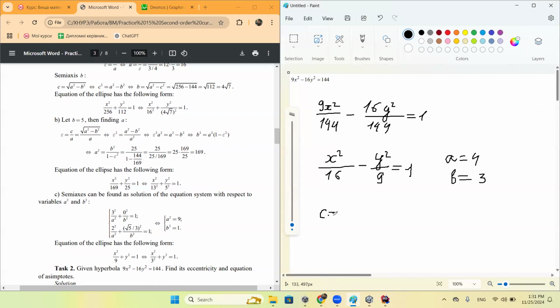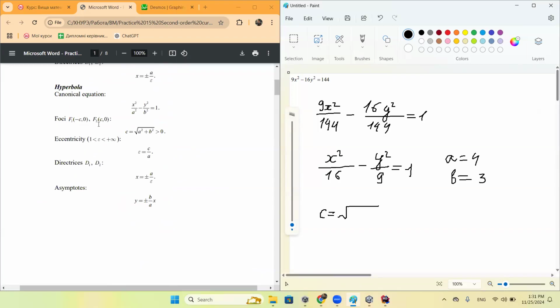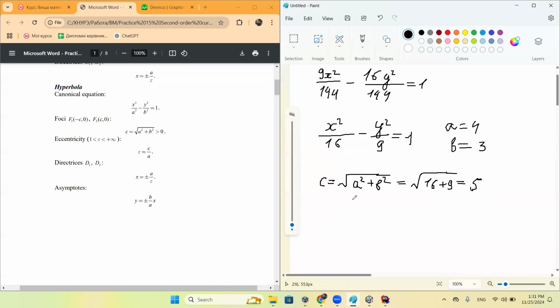So C equals, in the case of a hyperbola, the square root of A to the power of 2 plus B to the power of 2. By the way, like a hypotenuse. And it basically equals 5, so good numbers.